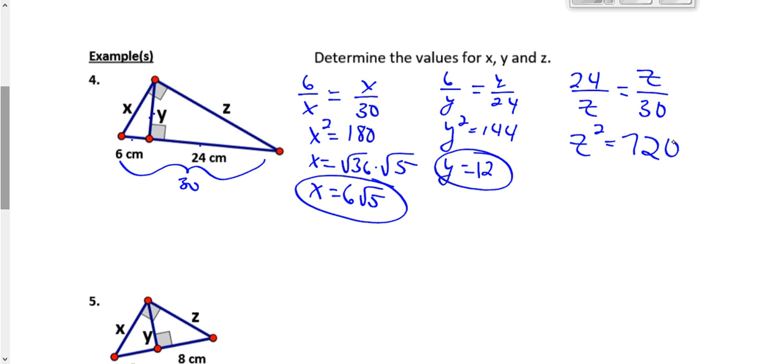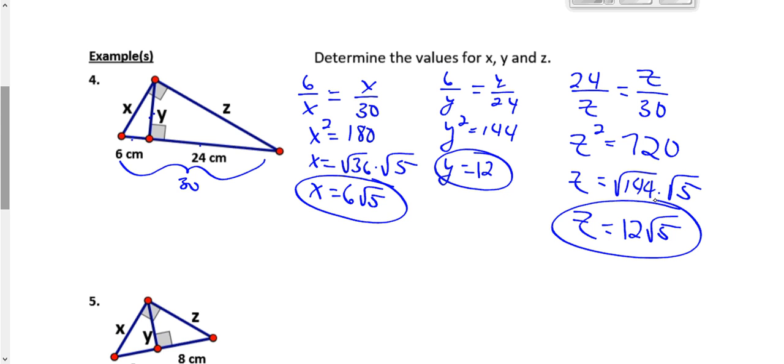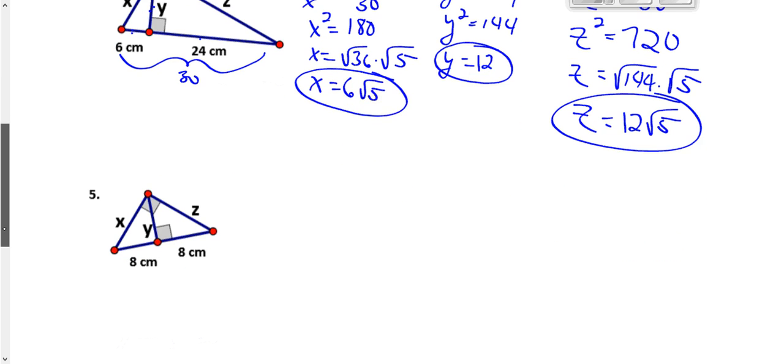What is it? 144, isn't it? Times what? So the square root of 144 times the square root of 5, right? So z, I miswrote, because I did take the square root to get that line. So z is 12 square roots of 5. Okay? Starting to get the hang of these?